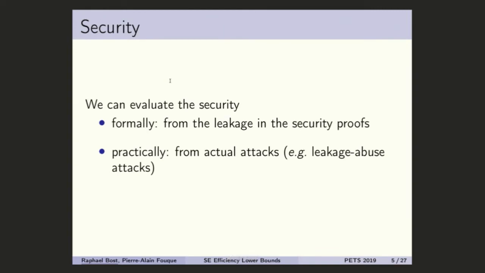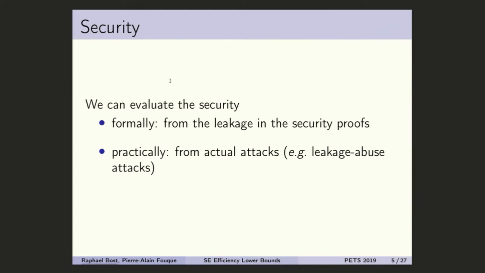On the other side, about security, we can look at two ways to evaluate the security. First, we can look at the formal definition of the security by looking at the leakage in the security proofs, because all these constructions are often proven in some security model that introduces this leakage function. Or we can look at the security practically from actual attacks.